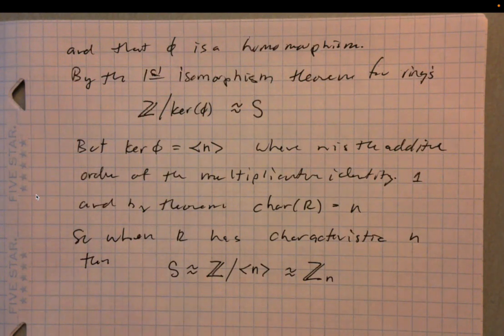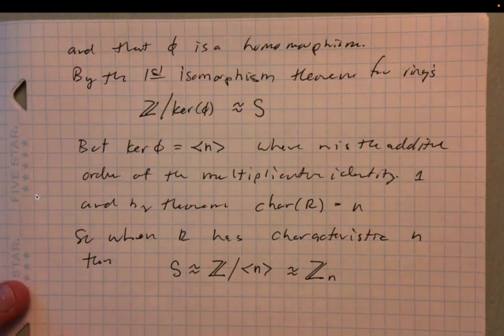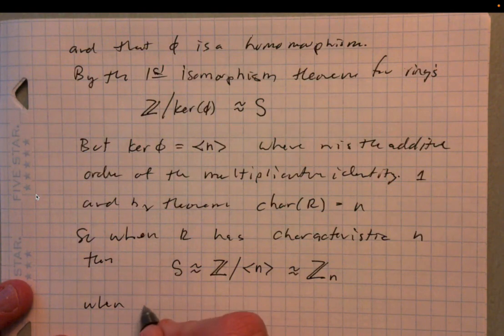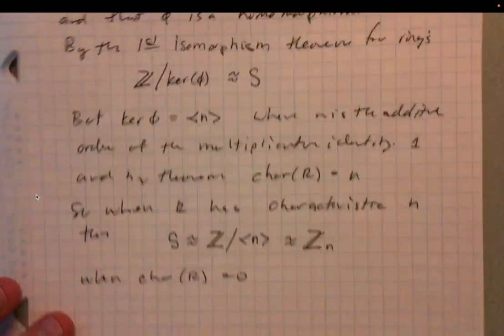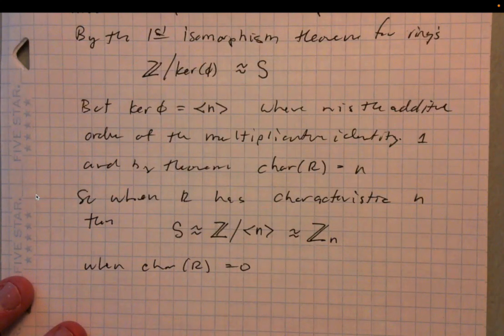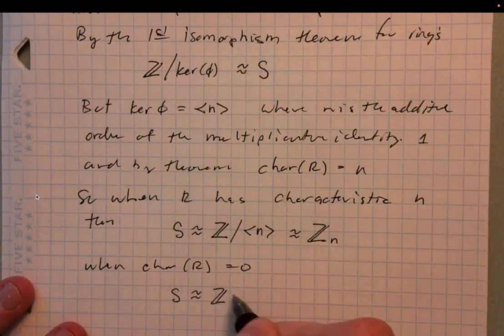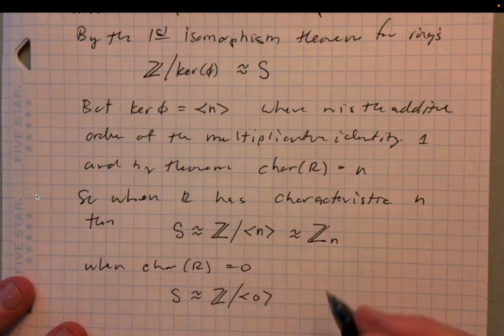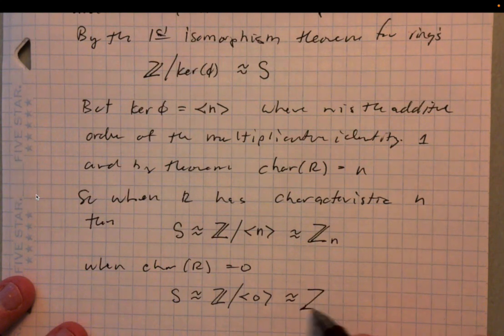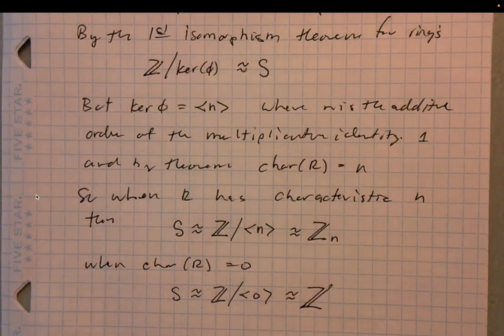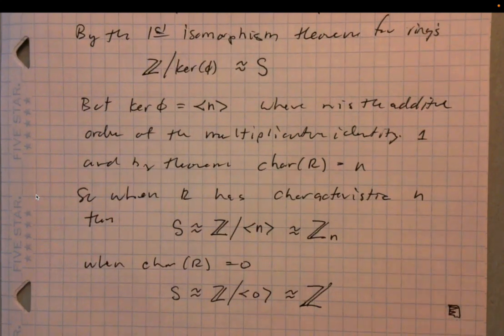And of course, when the characteristic is 0, this same thing is true, but you just replace everything, right? And so instead you have S is isomorphic to Z mod 0, which is isomorphic to not Z mod n, but the integers themselves. Okay, so that's the idea.